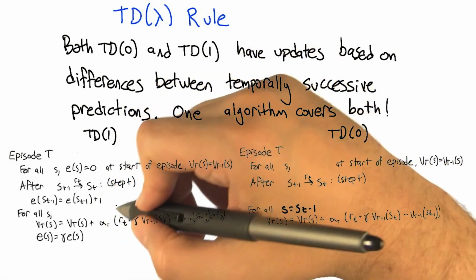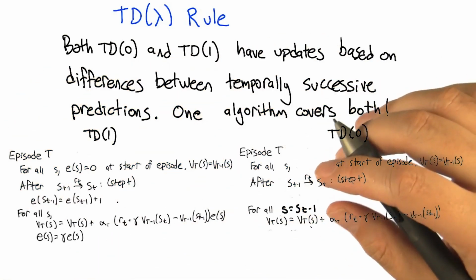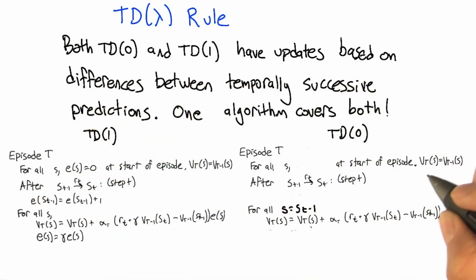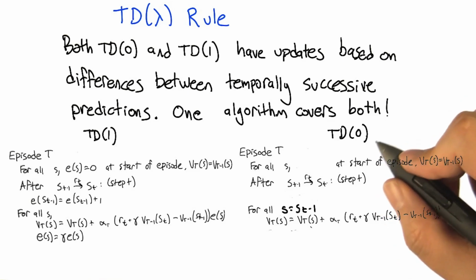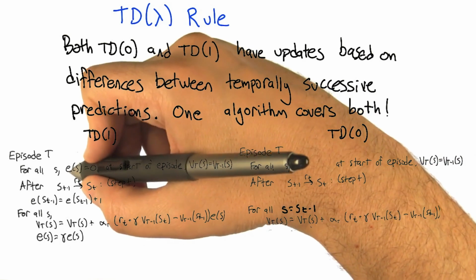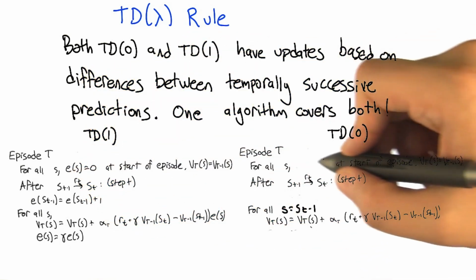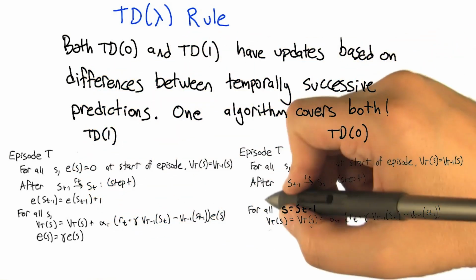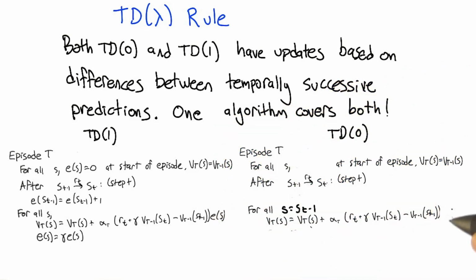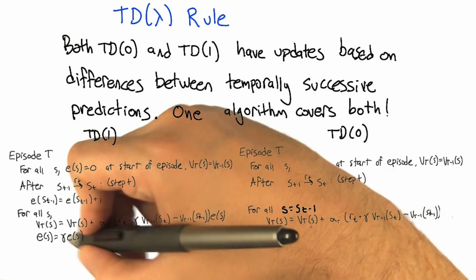All right, and so to highlight the similarities and differences between TD1 and TD0, I took the TD1 algorithm that we just had, shrunk it and moved it over to the left, and then made another copy of it, put it on the right, and made the minimum changes necessary to turn TD1 into TD0. Mainly, all that involved was that anytime the eligibility was mentioned, I got rid of it. I got rid of it from there, and from there. I don't multiply it here against the temporal update, and I don't have to update it here.